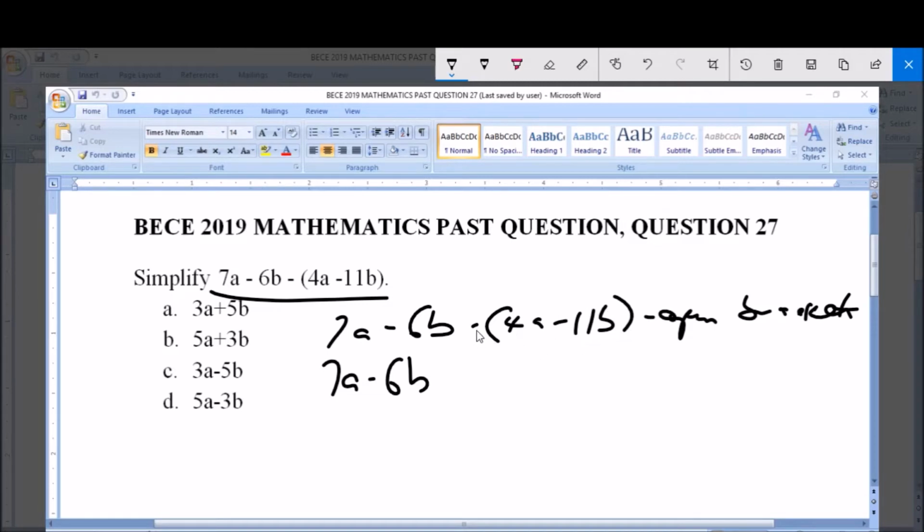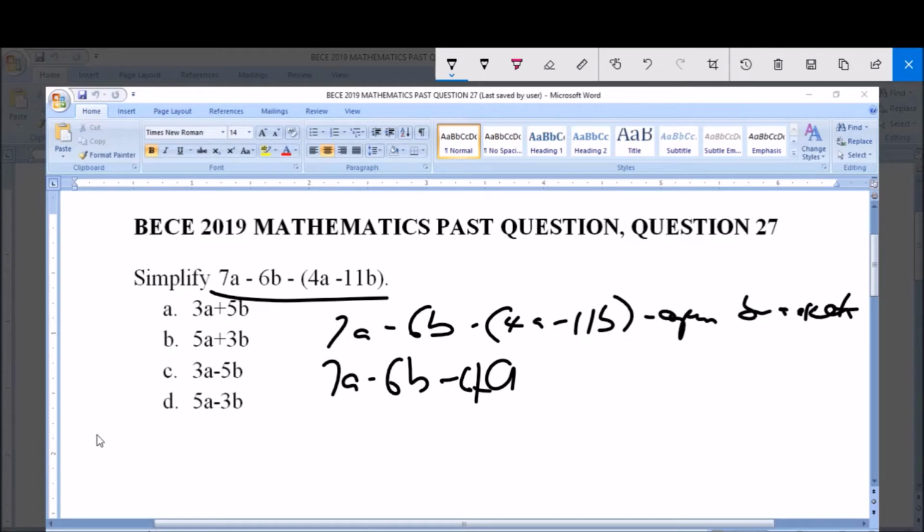So negative times a positive number, which is minus times 4a, will give us minus 4a. Now minus times minus will give us what? Positive.